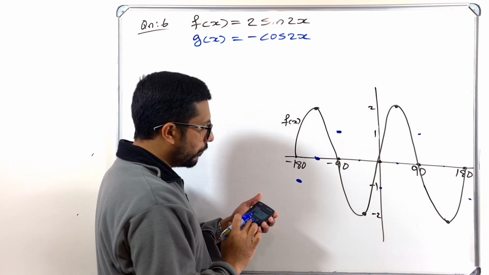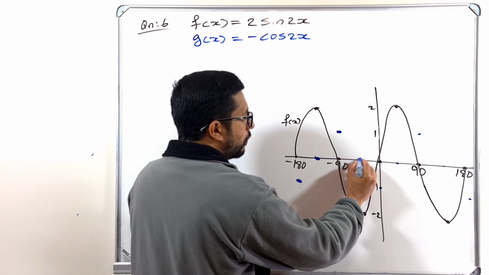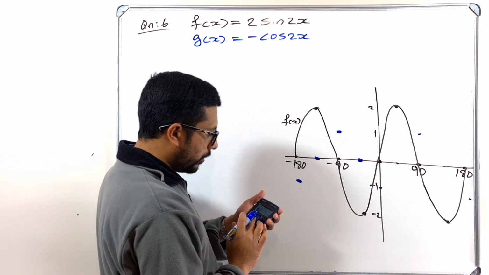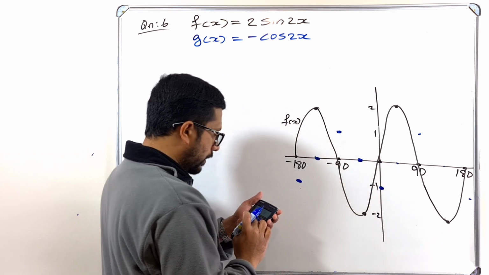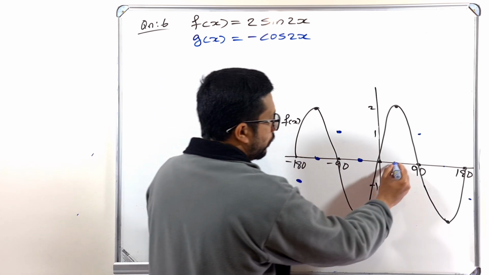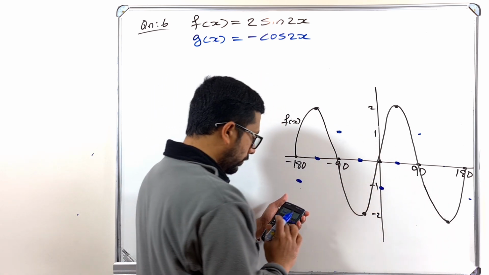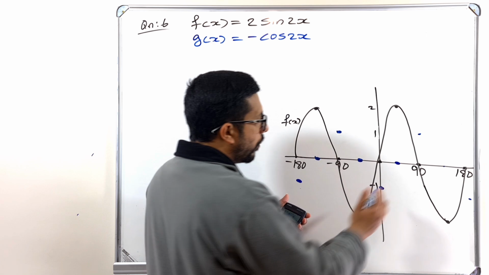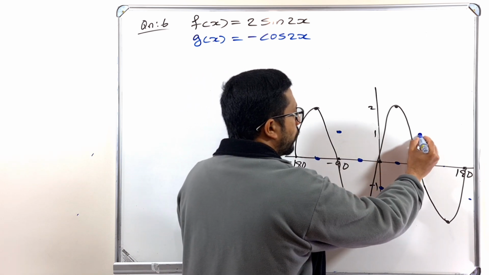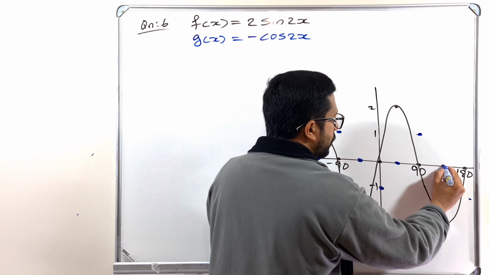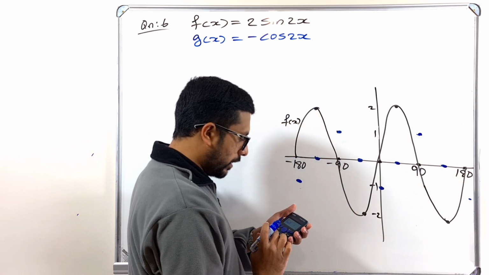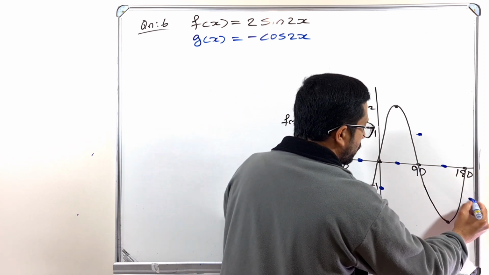Then minus 45, 0, then 0, minus 1, then 45, 0, then 90, back to 1, then 135, 0, then 180, minus 1.